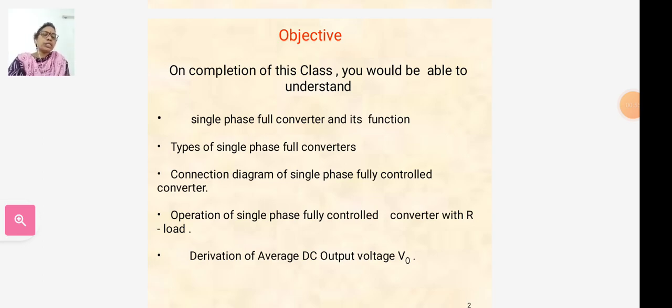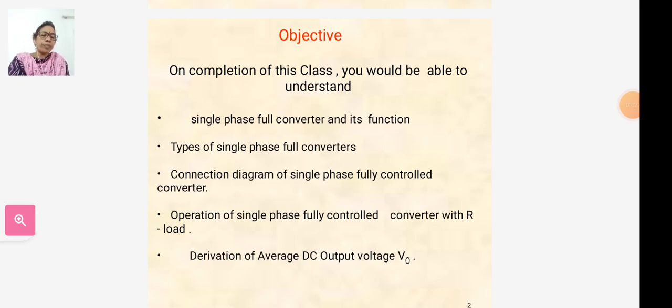In the case of a single phase half wave converter with RL load, the waveform of load current is not continuous, and due to this the operating power factor of the system becomes very poor, which may give rise to poor performance of the circuit.